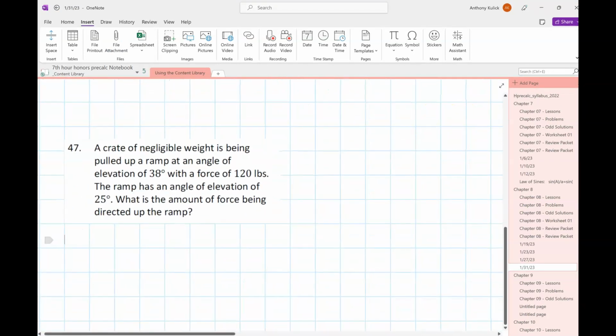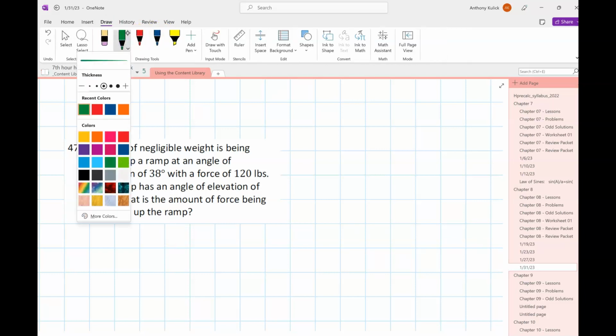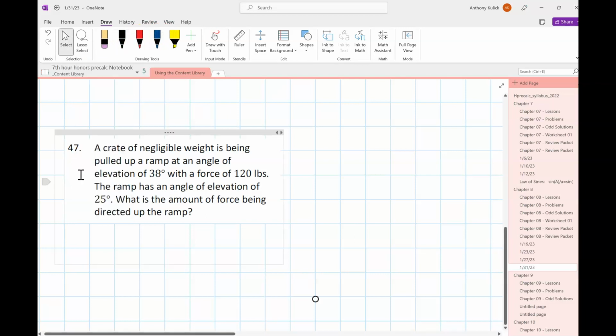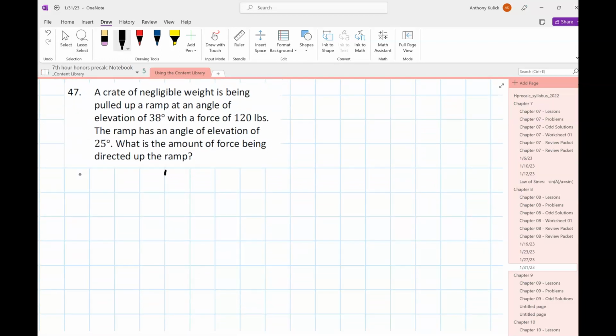Okay, here again we have a crate of negligible weight being pulled up a ramp at an angle of elevation of 38 degrees with a force of 120 pounds. We're told the ramp has an angle of elevation of 25 degrees. What is the amount of force being directed up the ramp? So again, we'll draw ourselves a picture.